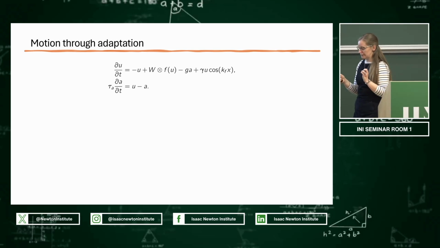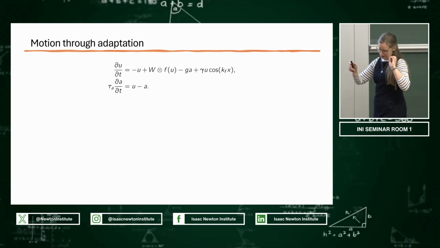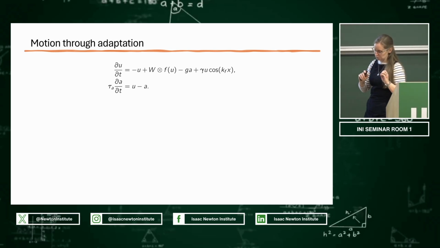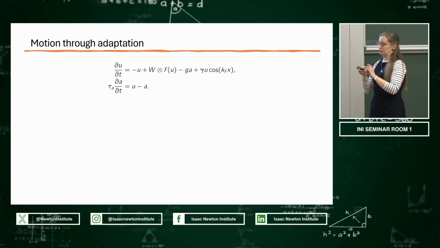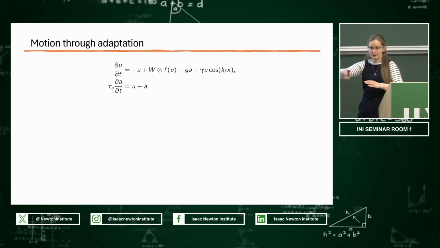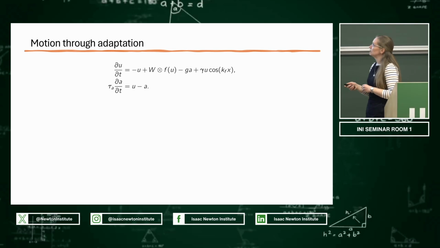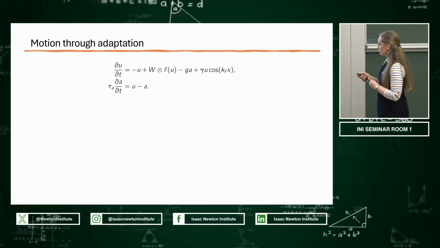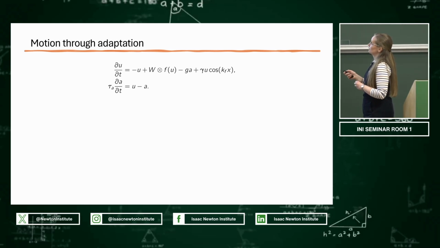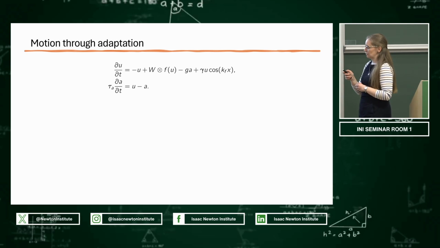You could do that by having this two population model of Ehrentraut and Cowan, with an excitatory and an inhibitory population at every point in your cortex. But instead we're going to consider a different sort of two-dimensional problem, where you've added some feedback, some adaptation.